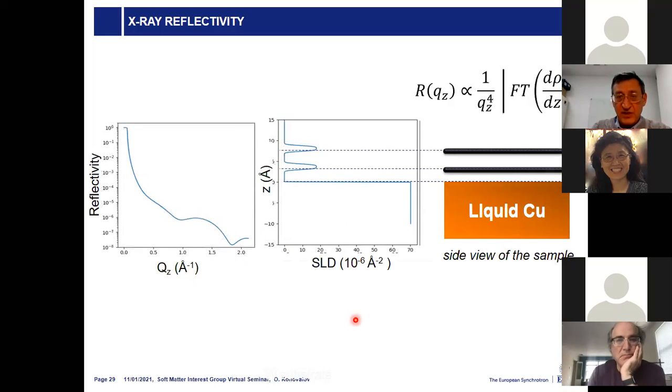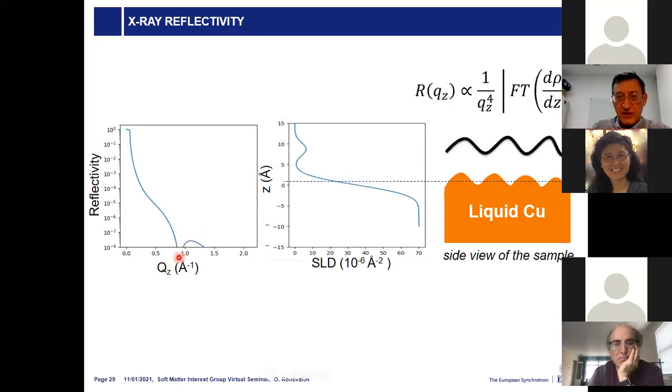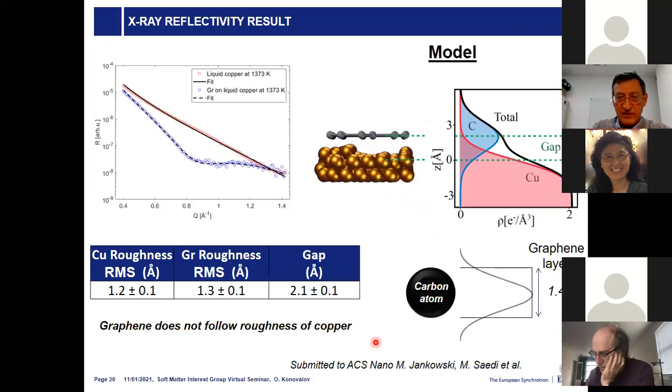If we have several layers, we'll have another type of reflectivity curve. And if we have a surface which is rough due to the capillary waves, then again the curve looks different. And if the graphene also follows or doesn't follow the curvature of the liquid copper, again the curve may look different. And this gives us the idea that the data which we obtain can be used to reconstruct this information.